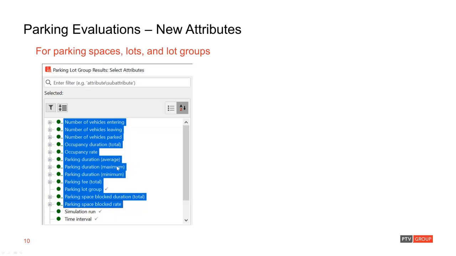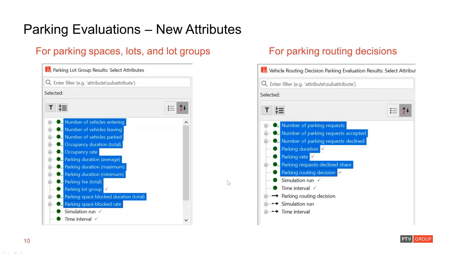Also the average, maximum and minimum duration of parking per vehicle, and then the total parking fee collected during that time, and the time how long the parking space was blocked, so how long vehicles have been blocked by other vehicles from leaving the parking space, and again the rate, so the percentage of that.